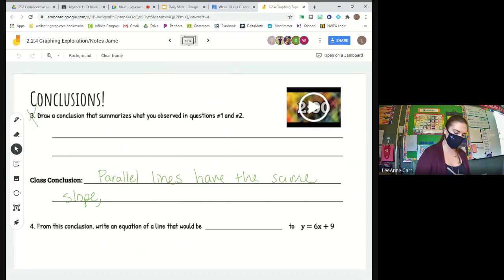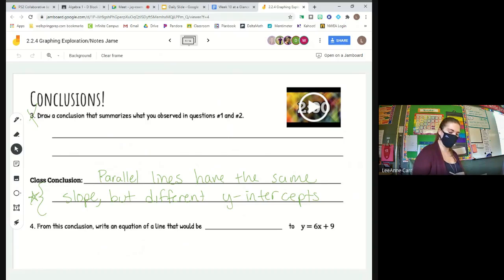So we can say parallel lines have the same slope, but different y-intercepts. So the m needs to be the same. The b can be different. Okay, and I know you guys know what parallel lines look like, but this is the important thing for algebra. So if you're writing this down on a separate sheet of paper, make sure you got what I starred written down.